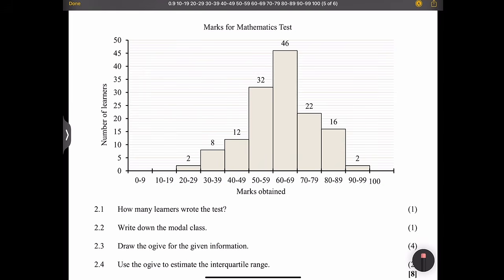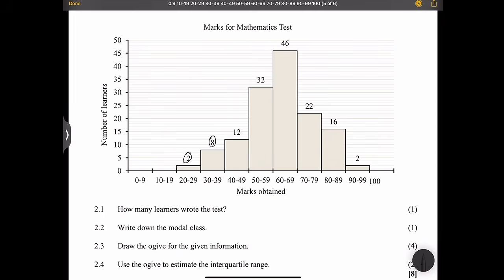Now they say to us, how many learners wrote the test? Remember, how do we interpret this histogram? It simply means that learners that obtained between 20 and 29%, there's only 2 learners in that case. Learners that obtained between 30 and 39 are 8.